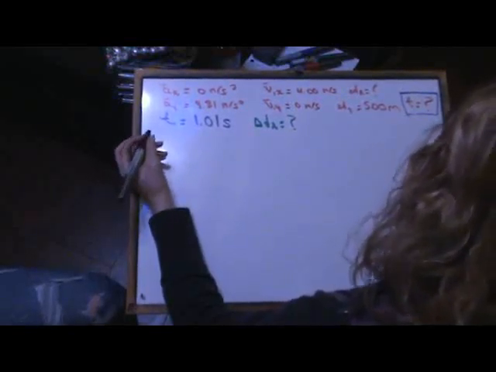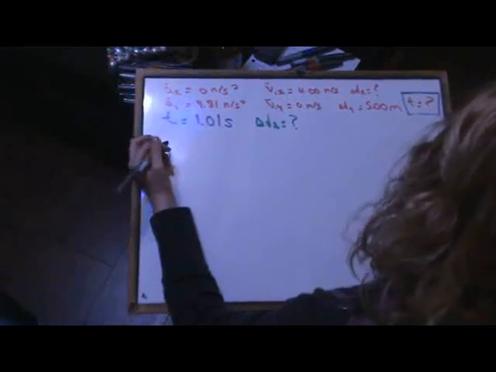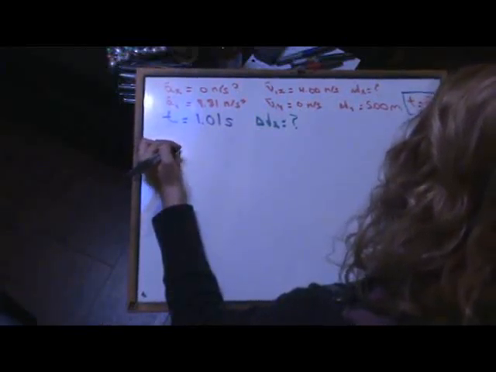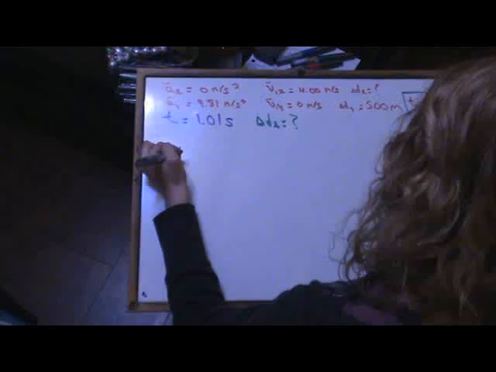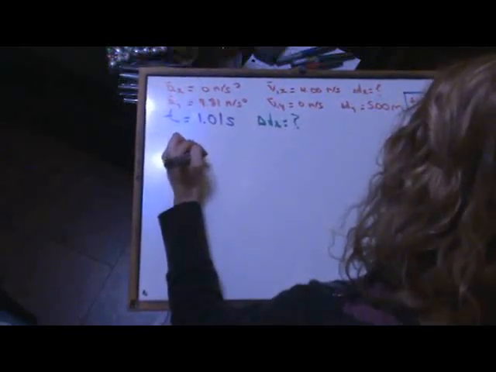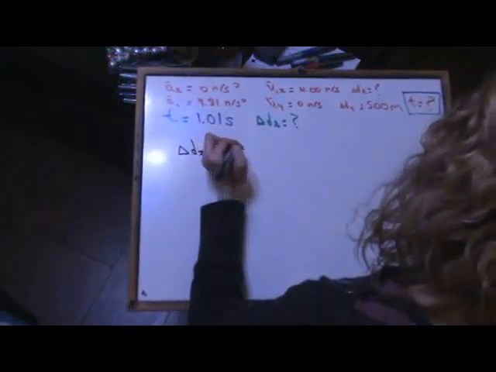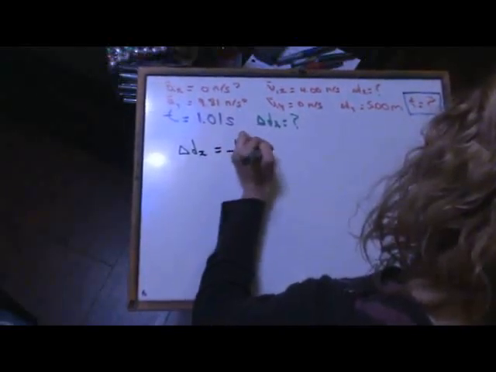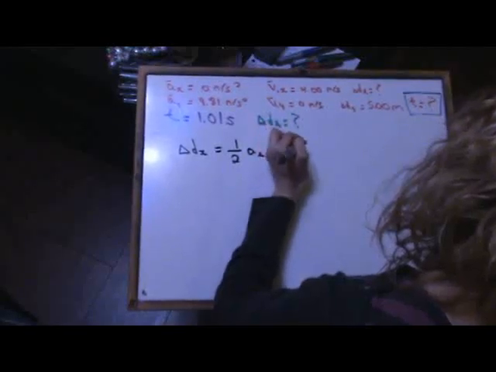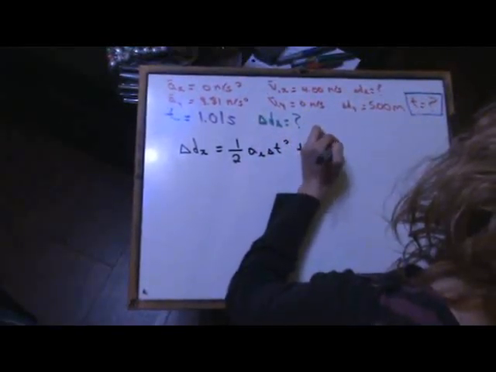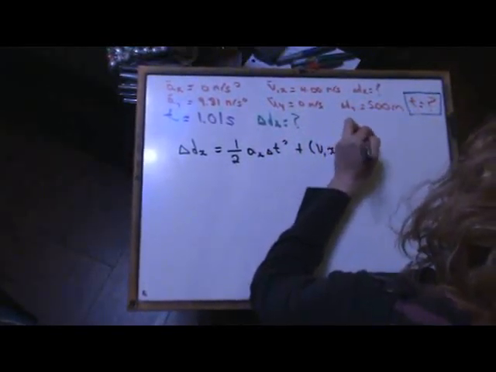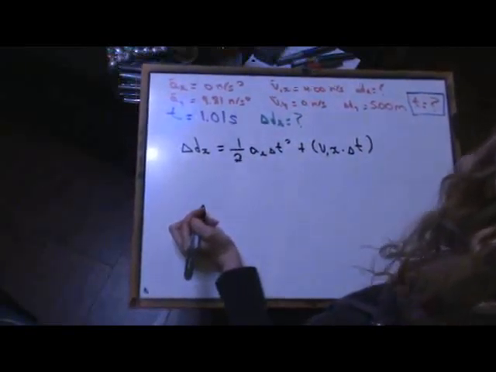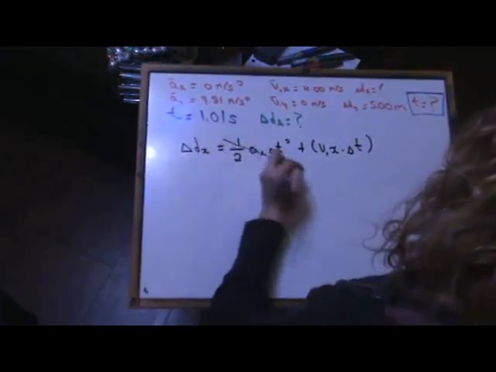In the second problem, we will find the horizontal distance traveled. Now knowing delta t, we can use the same formula from the previous question in the x direction. This formula being delta dx equals 1/2 ax delta t squared plus v1x delta t. We know that ax is 0 meters per second squared.